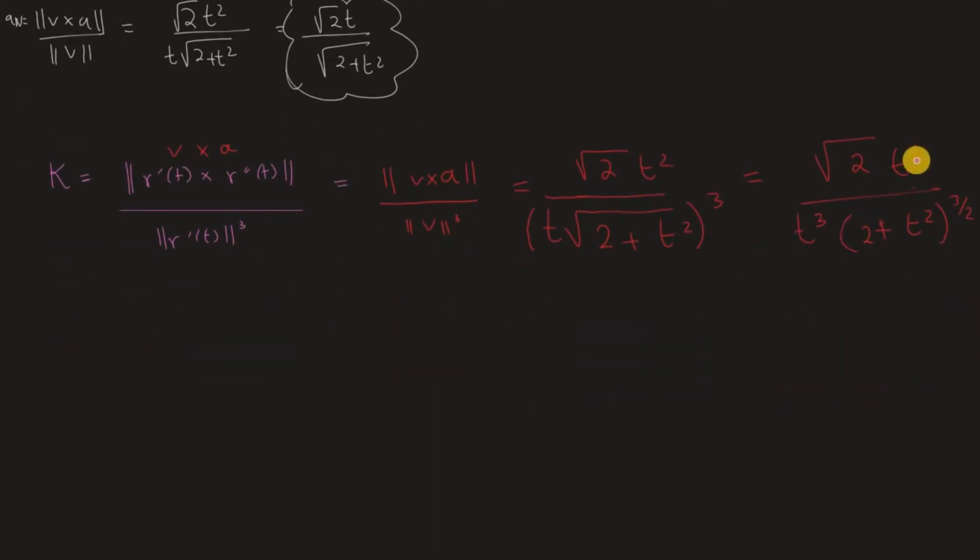If you subtract, 2 minus 3 is negative 1, so you have a t at the bottom, then 2 plus t squared to the power of 3 over 2, and here the square root of 2, and you have nothing on top because it cancels out with the bottom. So the final answer is this. It is all simplified. If the question asks you to simplify, then you can go ahead and simplify it. Otherwise, this is also the correct answer.